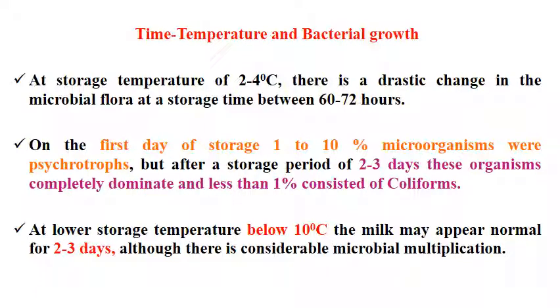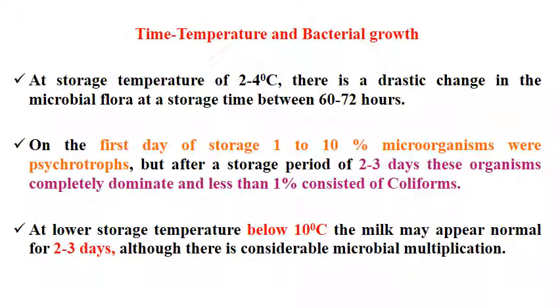But after a storage period of 2 to 3 days, these organisms completely dominate, and less than 1% consisted of coliforms. So in some experiment, it is found that when the milk is kept for 2 to 3 days, the psychrotrophs increased heavily, whereas at the beginning they were only 1 to 10%. Psychrotrophs means those organisms which can grow at low temperature.